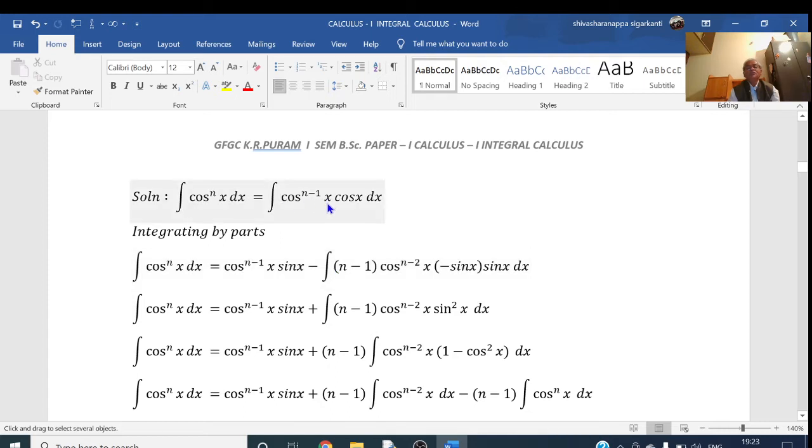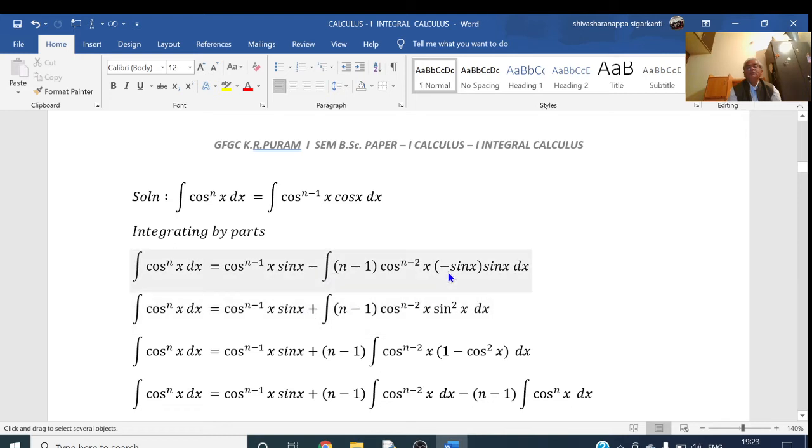Differentiation of cos x to the power of n minus 1 is n minus 1 into cos x to the power of n minus 2 into derivative of cos x, which is minus sin x, into integral of the second, cos x integration is sin x. So this is equal to cos x to the power of n minus 1 into sin x.